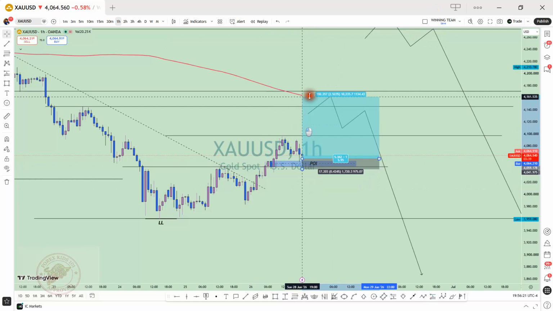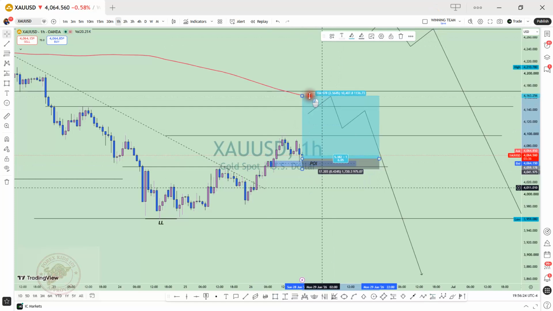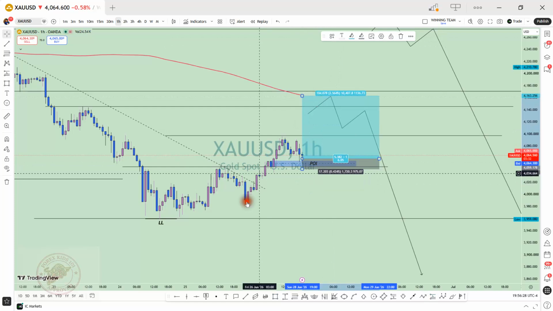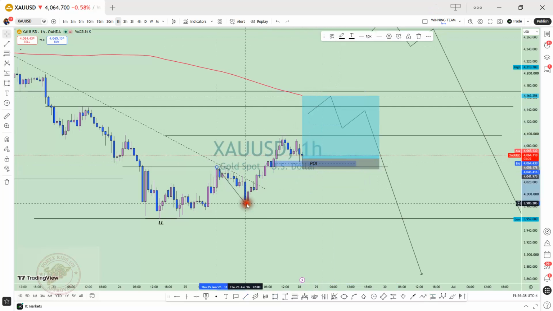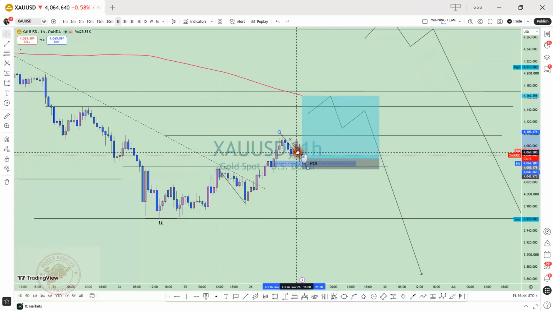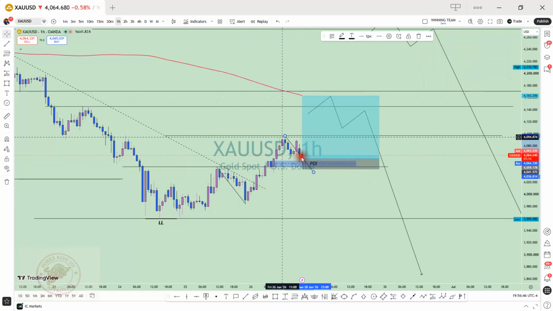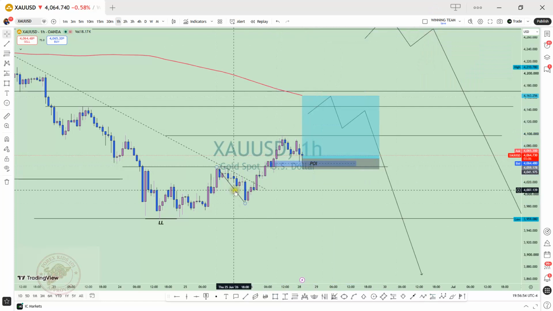So you can see we make the first leg of this impulsive move. So what I'm gonna do, I want to measure from there to there and then clone this. There's a high chance that we might come below here, but I'm gonna go with that movement there. I don't believe that we can consolidate that much.